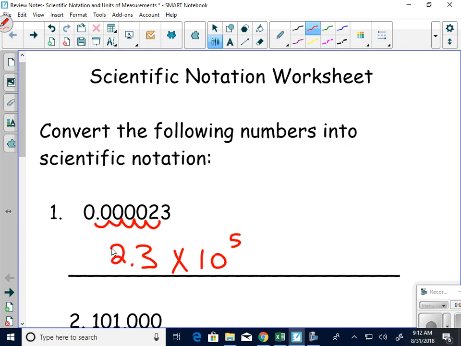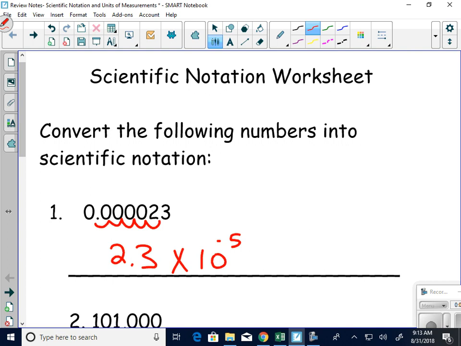Yeah, Dina? Negative 5. Why is it negative 5? Because that number is less than 1, isn't it? It's not less than 0, it's less than 1. So, correct answer, 2.3 times 10 to the negative 5.